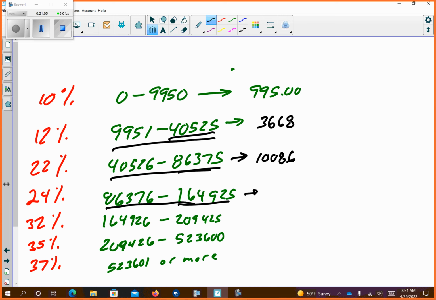Subtract these two from each other and multiply it times 0.24. I think that one's 18,851. Sounds good. Subtract these two from each other and then multiply by 0.32.